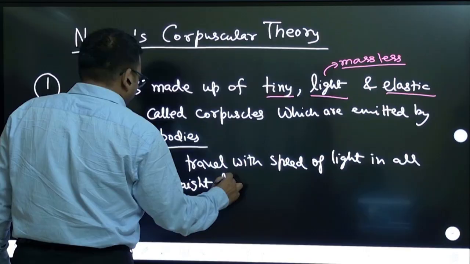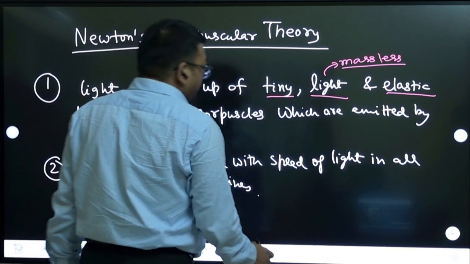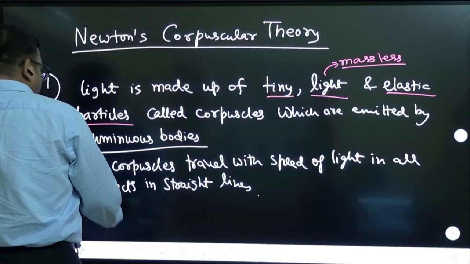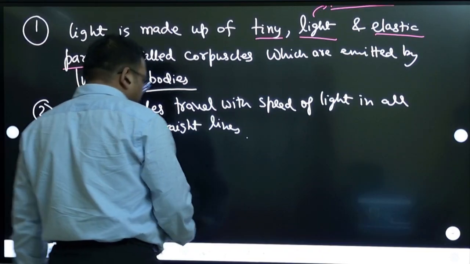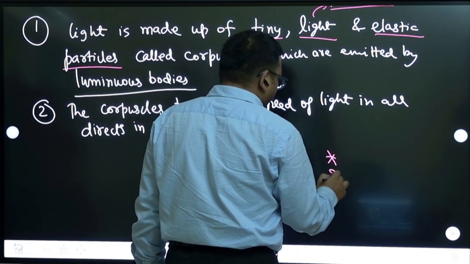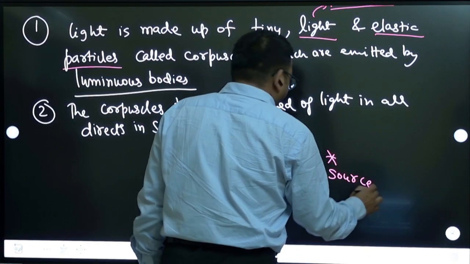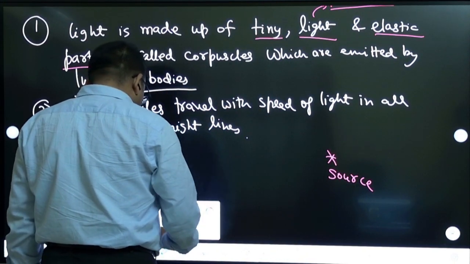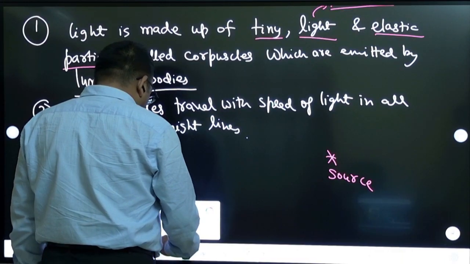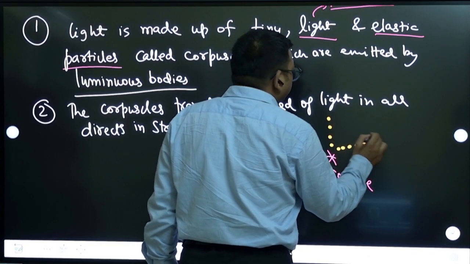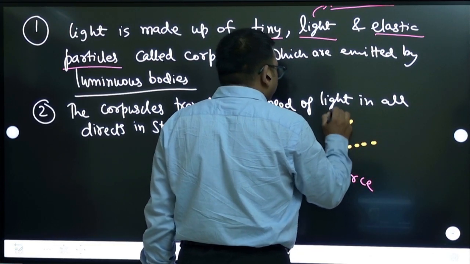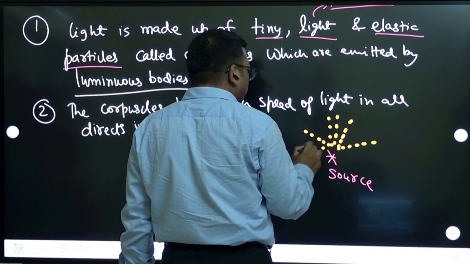For example, suppose this is a source of light, an electric bulb or anything. From this source, the corpuscles will be going in all different directions. Means all possible directions, whatever possible direction you can think of.